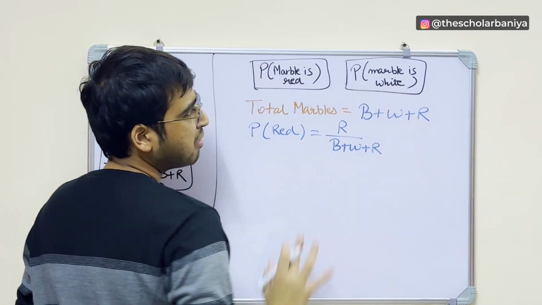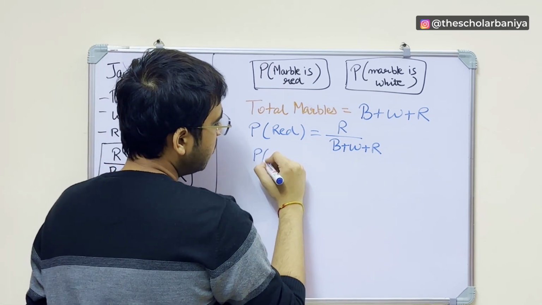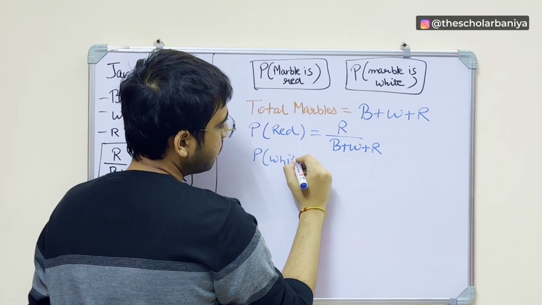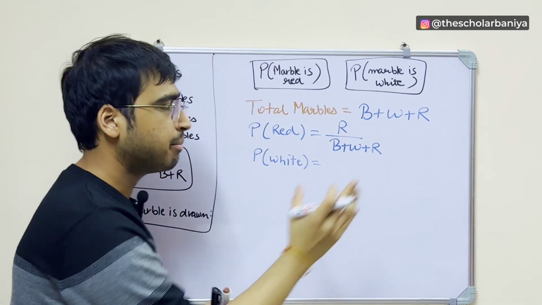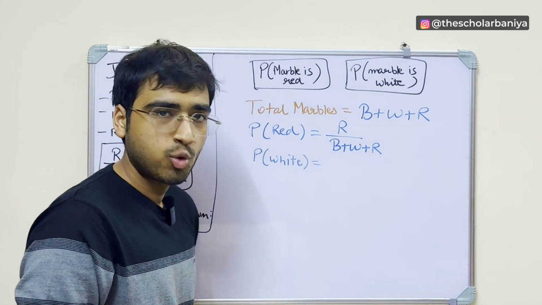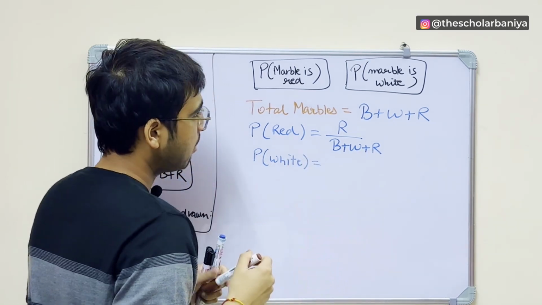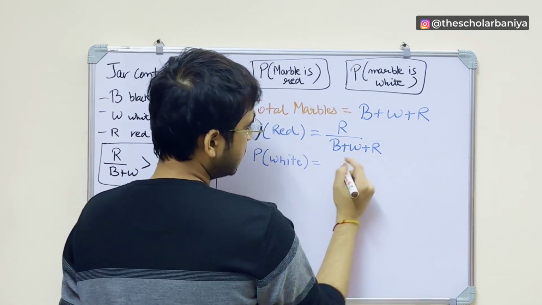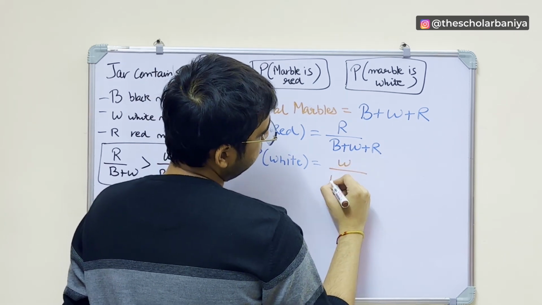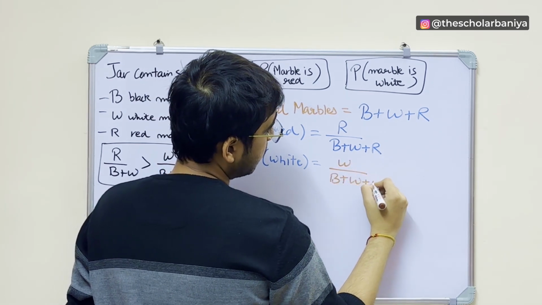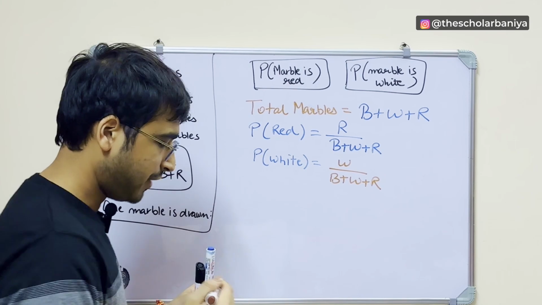Similarly, what is the probability the marble is white? The probability that the marble is white is equal to the number of white marbles upon the total number of marbles. So what are the white marbles? White marbles is W upon B plus W plus R, right?